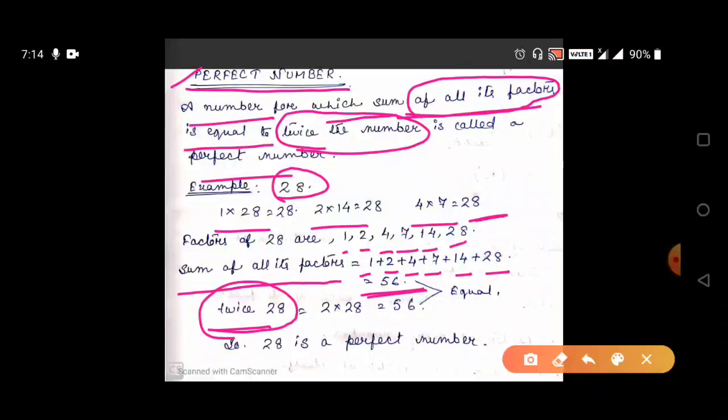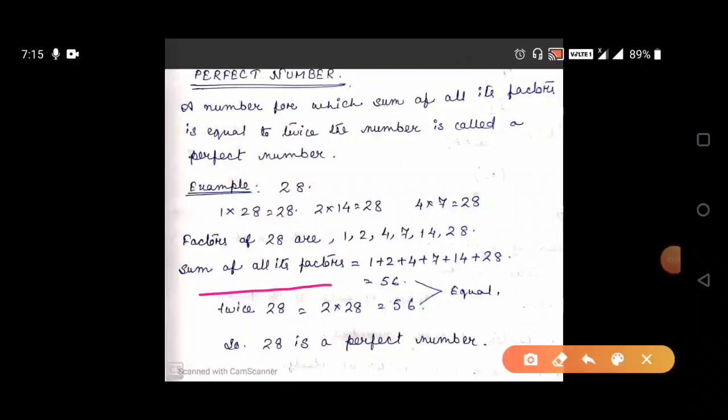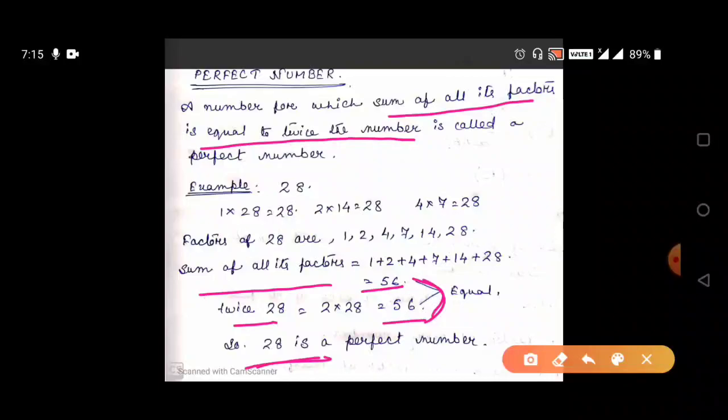Twice 28 means 2 into 28. 2 into 28 is equal to 56. See, sum of all of its factors is 56 and twice of the number is 56. Both are equal. So from here we can say sum of all of its factors is equal to twice the number. So 28 is a perfect number.